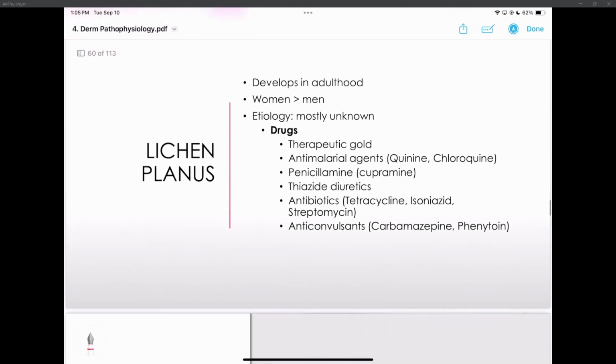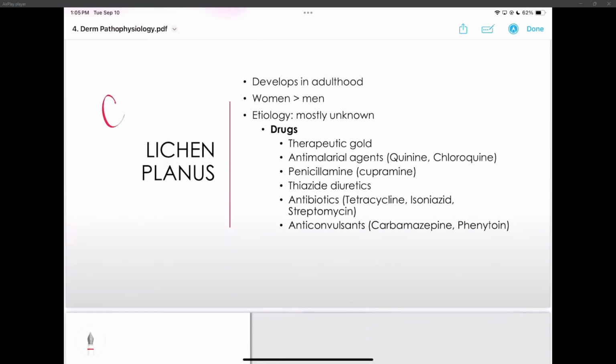Lichen planus, again, is the chronic one. Adulthood, more women than men. Etiology mostly unknown, but there are some drugs that can cause this as well. So if you're giving your patient any of these drugs, your thiazide diuretics, okay, and they start getting some skin issues, stop the medication. They're having a reaction to it, causing this interface dermatitis.